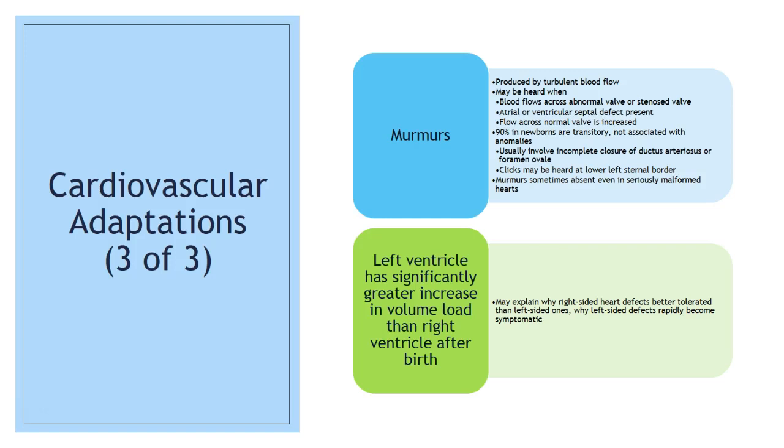Typically, your babies who have left-sided heart defects will become symptomatic very, very quickly. Those left-sided ones are much easier to recognize, and you'll see clinical manifestations of those way before you see the right-sided one. And so the theory is that because the left ventricle has a significantly greater increase of blood volume than the right ventricle in a newborn, that's why we see the manifestations so differently between those types of heart anomalies.